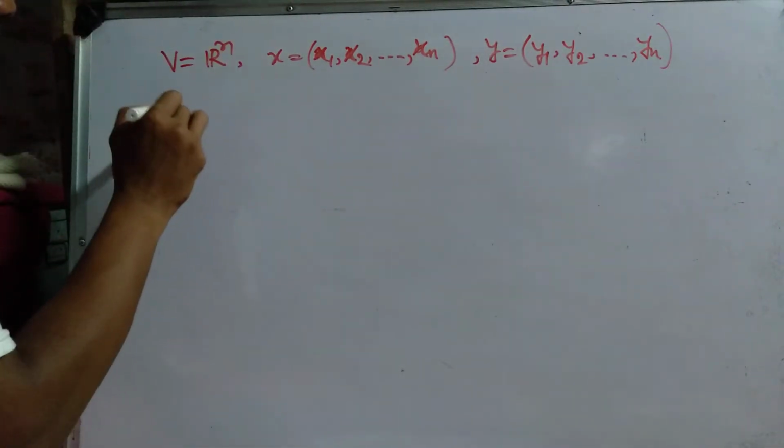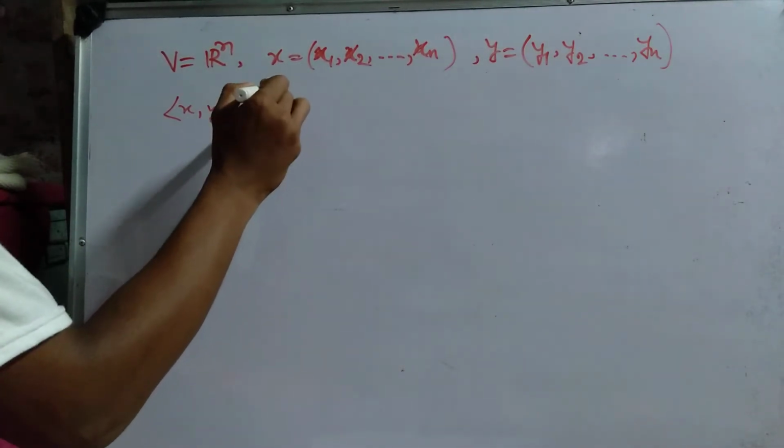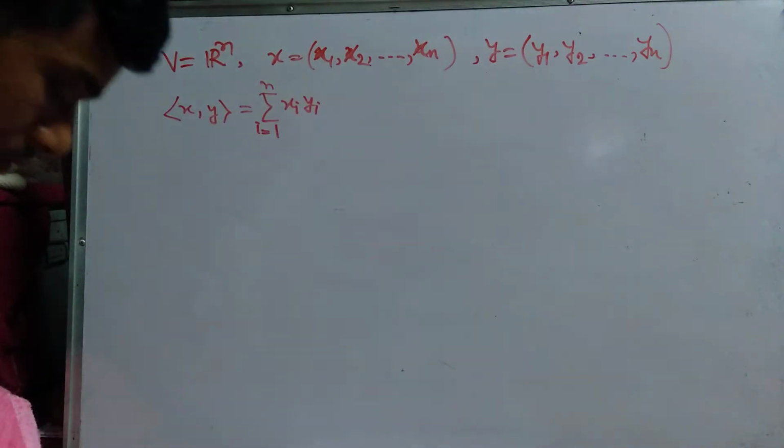Then x inner product y equals summation i equal to 1 to n of xi yi.